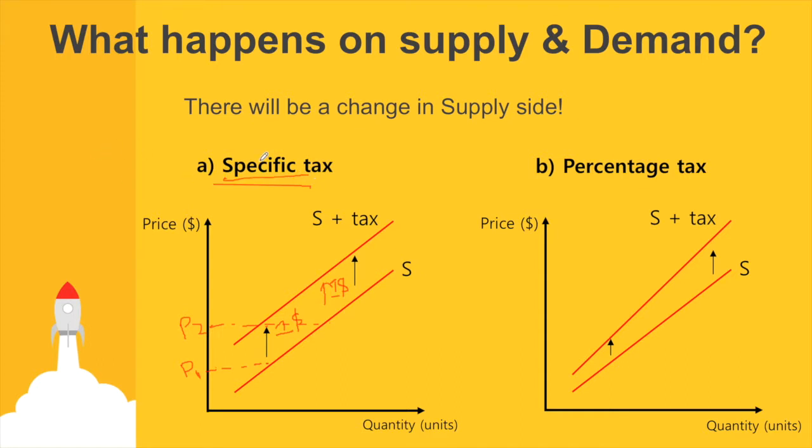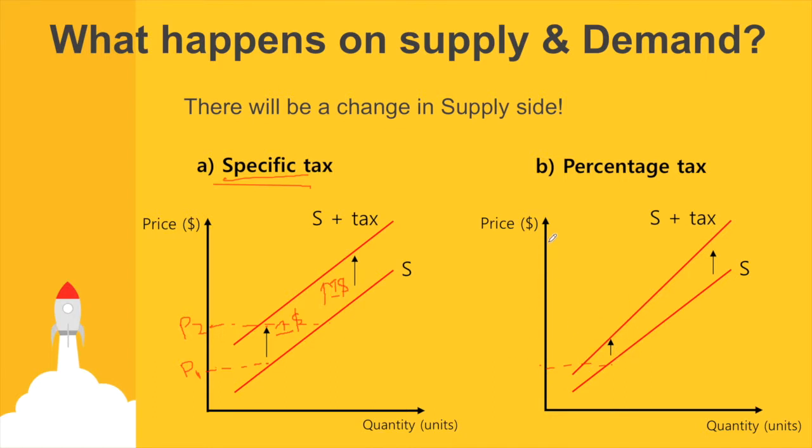Okay, and then the second one, the percentage tax. As I said before, as the price gets higher, the amount of tax imposed will be greater. So first, when the price is low, the gap between the original supply curve and the supply plus tax curve is close to each other.